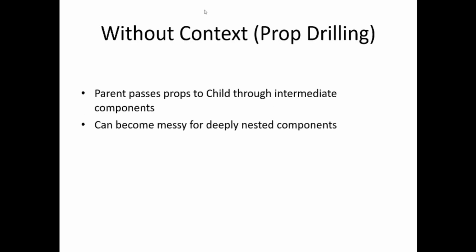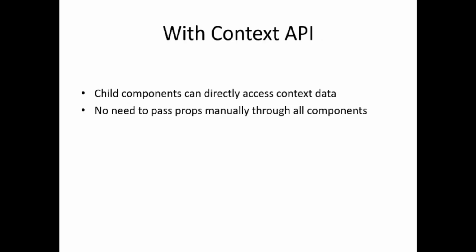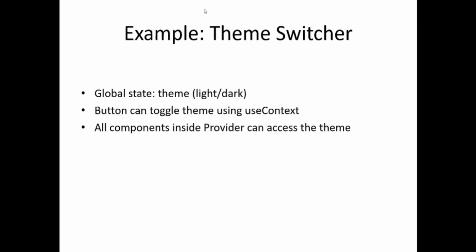Without context, parents pass props to children through intermediate components, which can become messy for deeply nested components. With Context API, child components can directly access context data, so there's no need to pass props manually through all components. It will be easier.